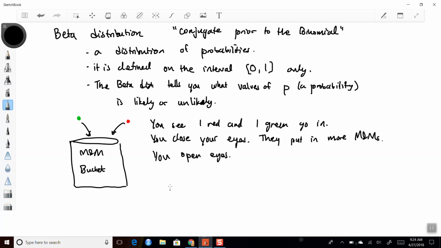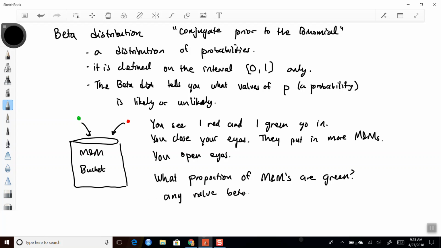And we say, if I draw another M&M out of here, what is the probability the next M&M I draw is green? Or we'll just say, what proportion of M&Ms are green? And the answer is any value between 0 and 1, really.